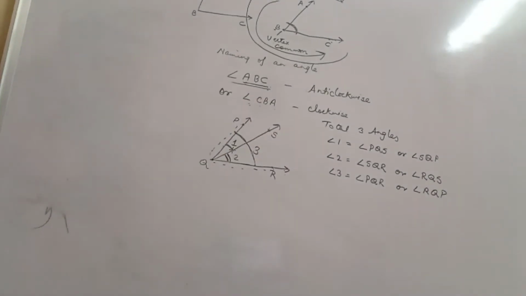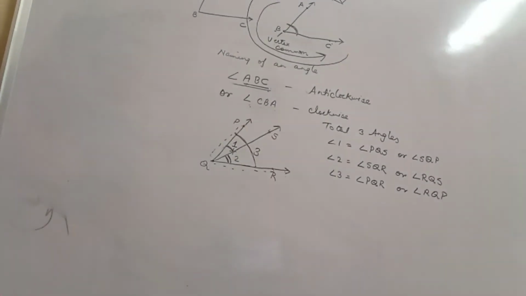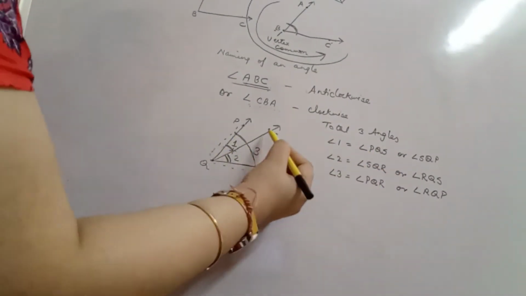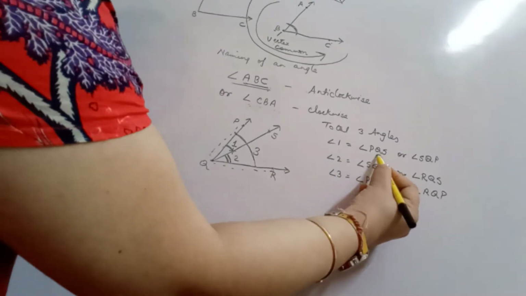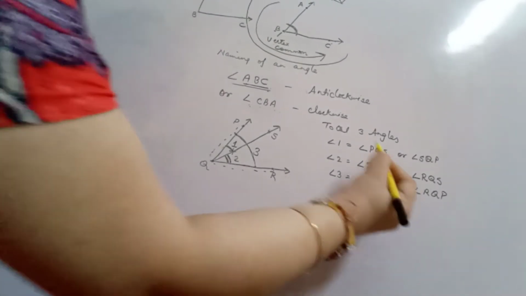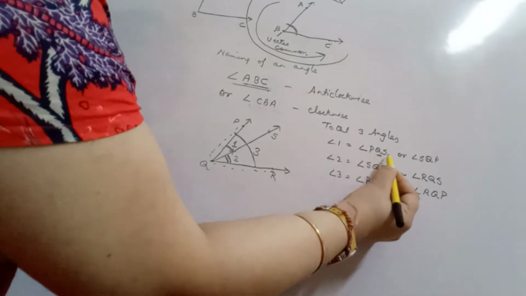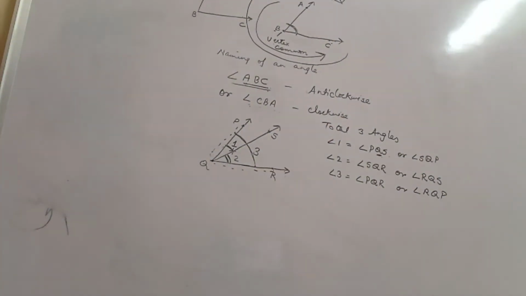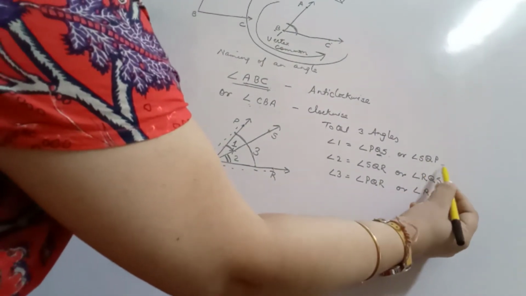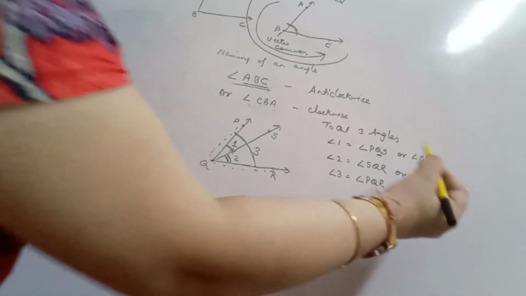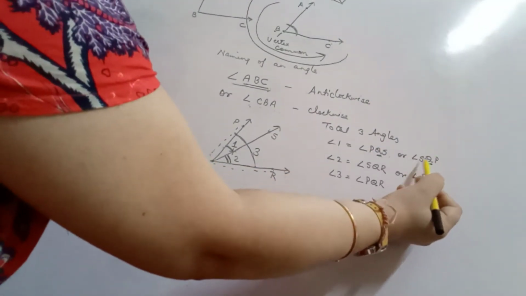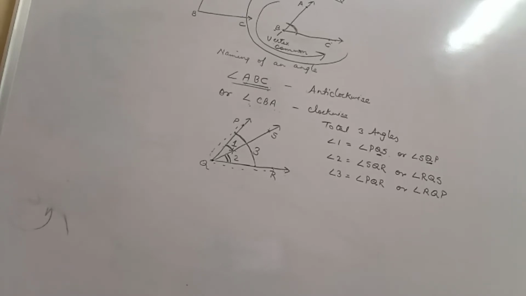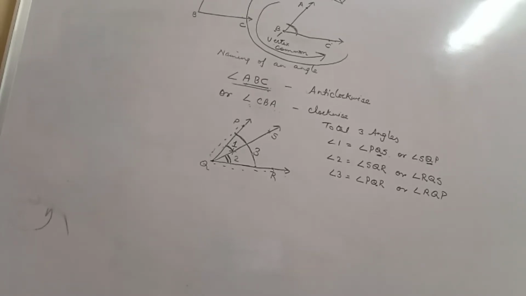So here naming is different for different angles. Now what is the trick here? Suppose I have PQS, you can see that Q is coming at the center and P and S you are writing on either side of Q. Similarly, in SQP, Q is at the center and you are writing S and P on either side of Q. So what does this mean?